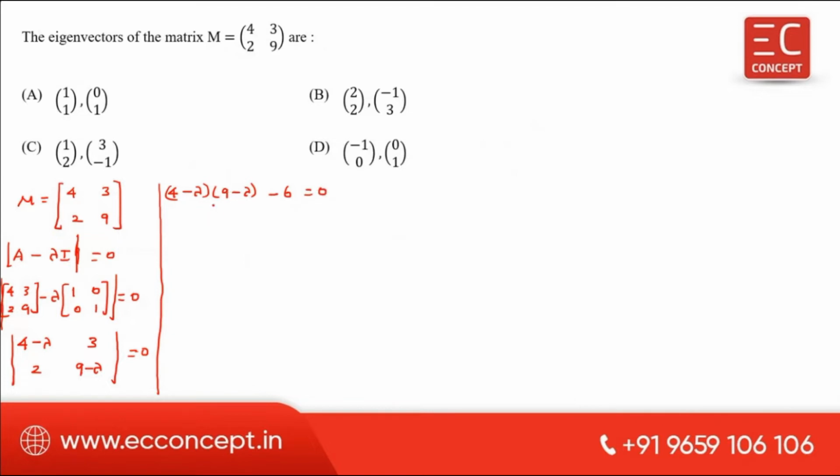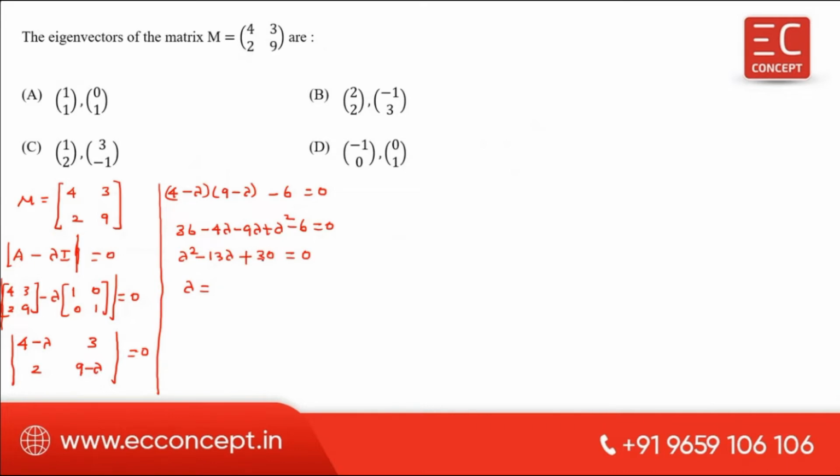So 4 into 9 is 36, then minus 4 lambda minus 9 lambda plus lambda square, minus 6, is equal to 0. So we can write lambda square minus 13 lambda plus 30 is equal to 0.